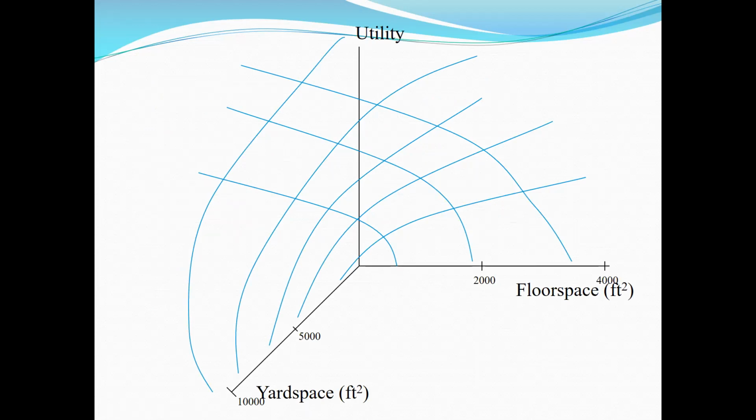And these charts essentially define the utility. You have floor space and yard space, and they give people different utilities.